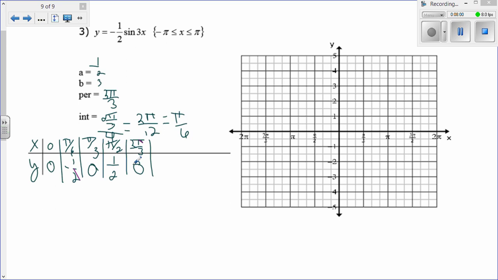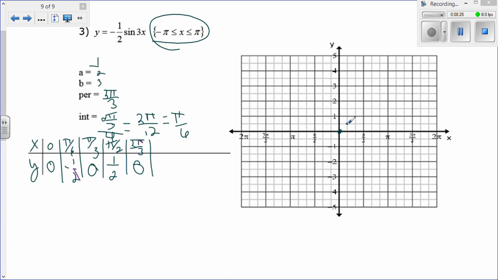So on my graph, I'm graphing from negative pi to pi. So I start at 0, 0. And this is going to be a real skinny little graph. Each of these little lines on my graph is going to be 30 degrees, because this would be 30, 60, pi over 2 is 90, and pi over 6 is 30 degrees. So each line I'm going to have a point. And my 1/2 is going to be right up here.